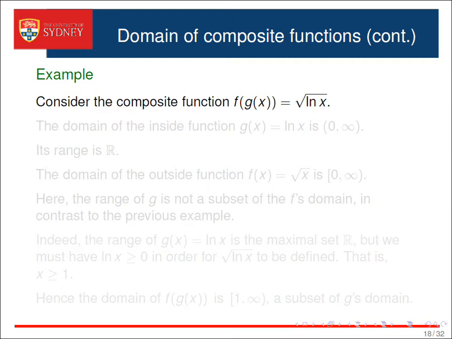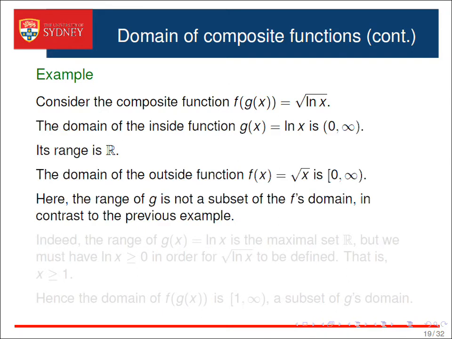Let's now look at an example of the second situation. Consider the following composite function, the square root of ln x. Here, in contrast to the previous example, the range of the inside function g is the set of all real numbers, which is certainly not a subset of the outside function's domain.